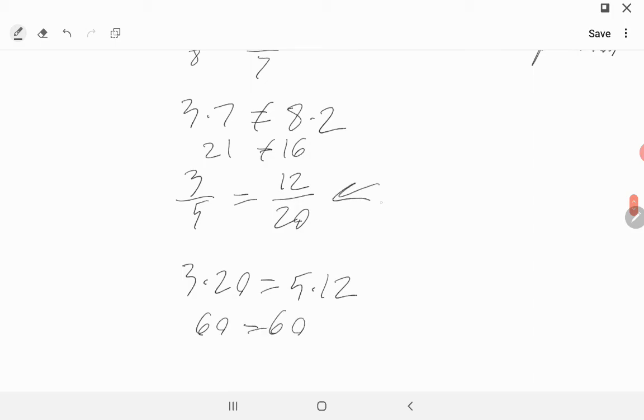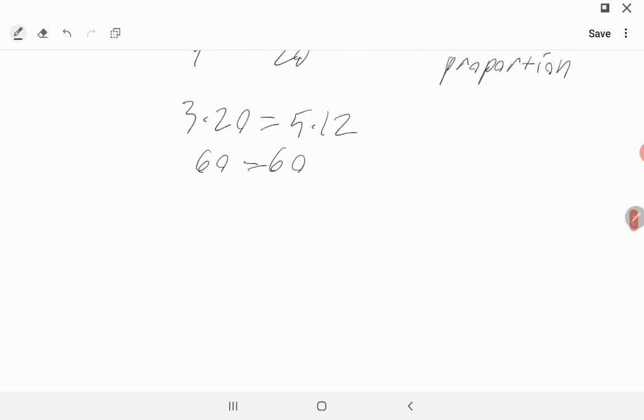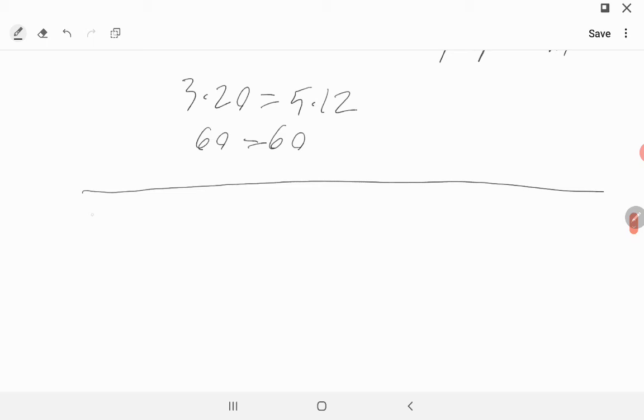That tells us this is a true proportion. So we can actually make use of that. Solving a proportion is accomplished by solving the rational equation.